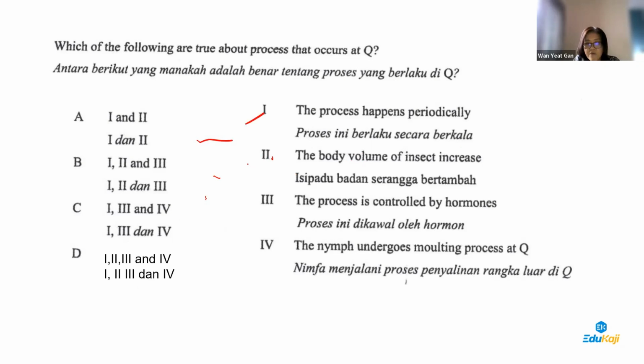The body volume of the insect increases, okay, this is also correct. The length of the insect increases because the insect takes in air during ecdysis. The process is controlled by hormone, correct? And the nymph undergoes the molting process at Q. So it's correct. So the answer is D.